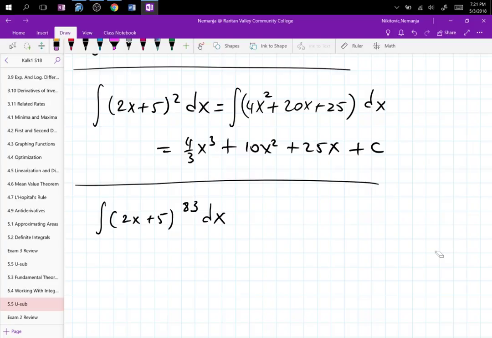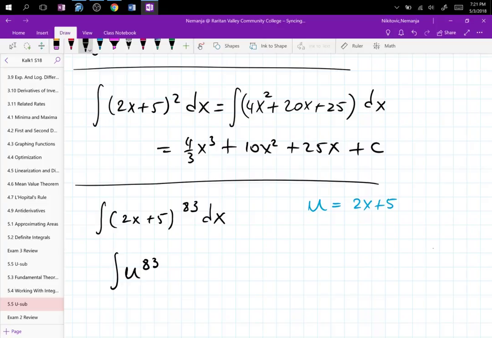So we need to be clever about it. Let me define variable u as 2x plus 5. Because I want to make the entire thing just be u to 83. Because I can integrate, right? If I have a single variable raised to 83, that's easy. I have the basic formula for that, right?